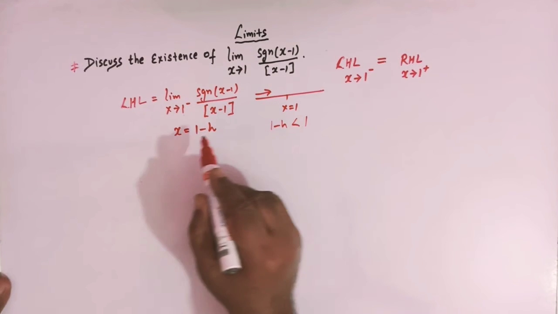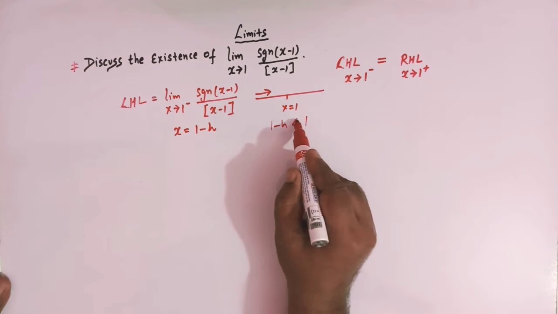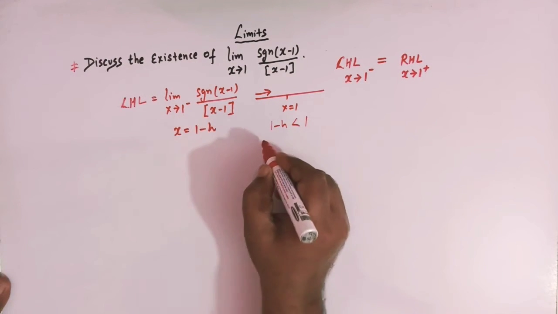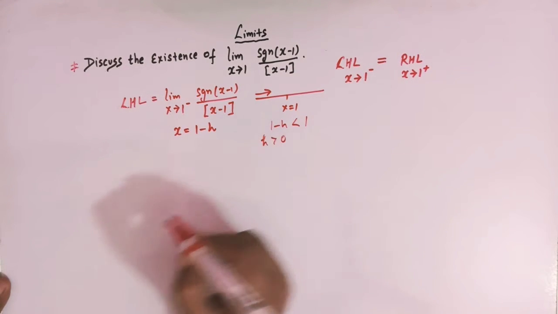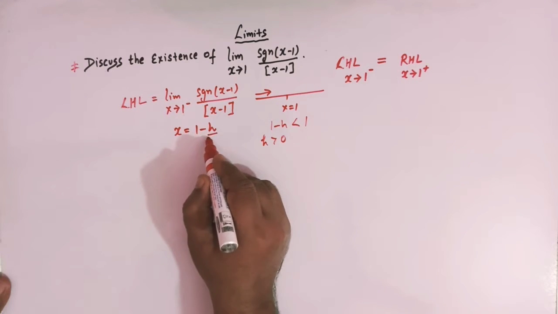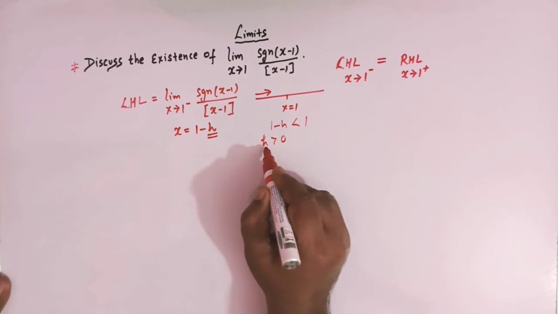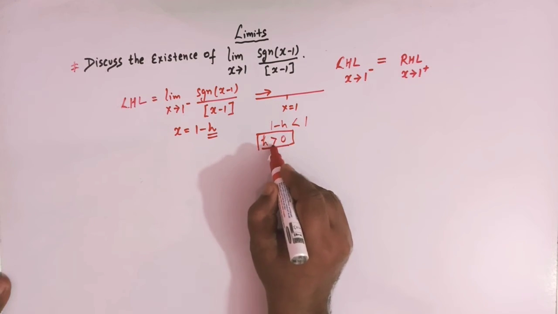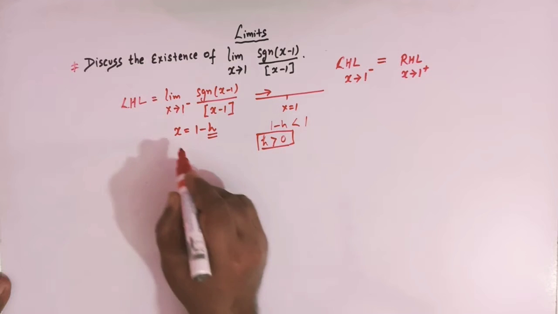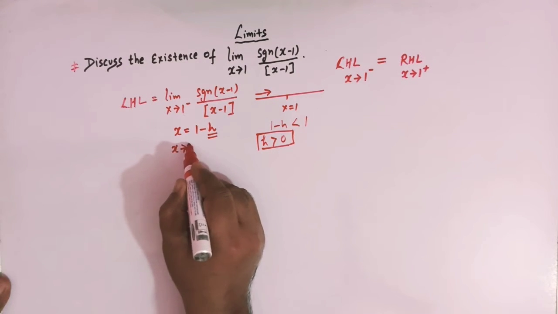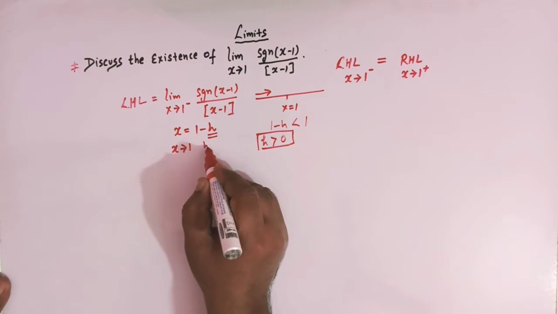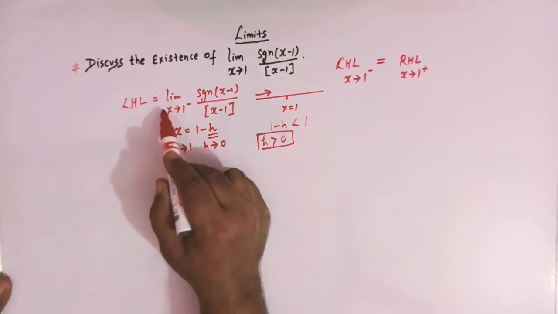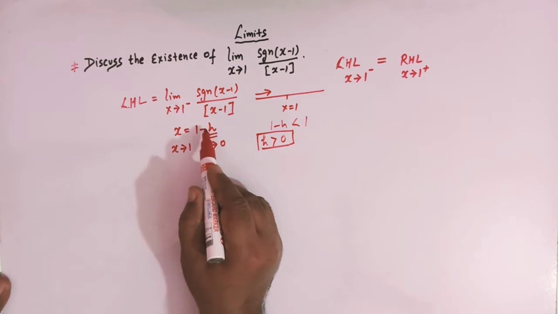So when 1 minus h is less than 1, we conclude that this quantity h is a positive quantity. Here h is a very small quantity, but it is positive, that is h is greater than 0. When x tends to 1, then obviously h tends to 0. Now we will transform this limit in terms of h.